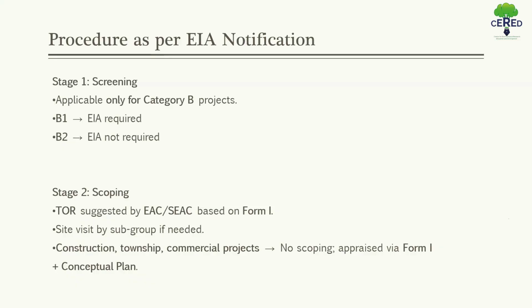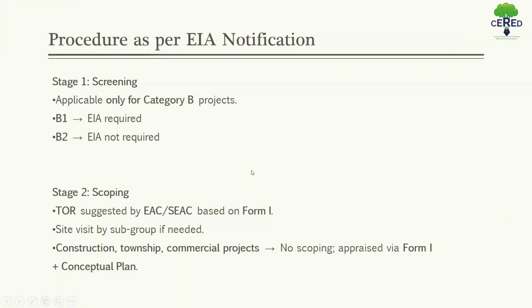That means, in terms of reference, there are many conditions written, which we will continue tomorrow. We can see there are many conditions written, and those conditions are fulfilled in EIA report as a TOR compliance. And these conditions are asked by EAC or SEAC.